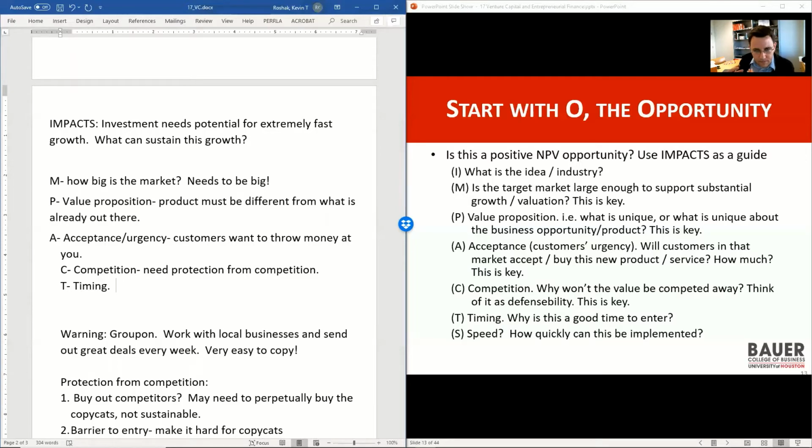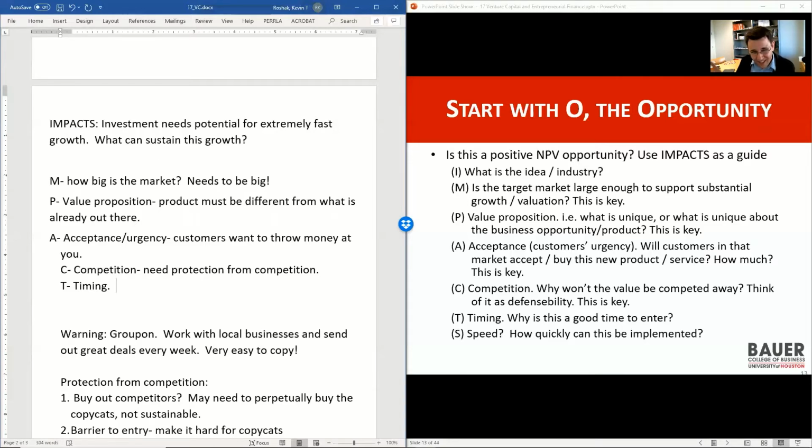Is it a good time for this idea? Another interesting idea that's been floated recently is that if you think about the tech bubble in 2000, there were a lot of good ideas in the tech bubble. They were just 20 years too early. So you think about grocery delivery. Well, there were startup companies in the late 90s, early 2000s that focused on delivering groceries.